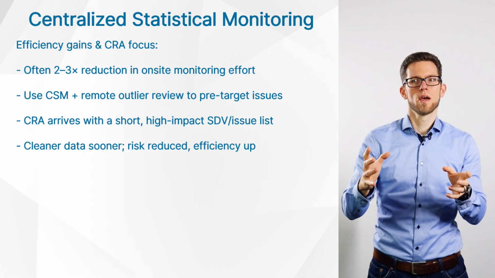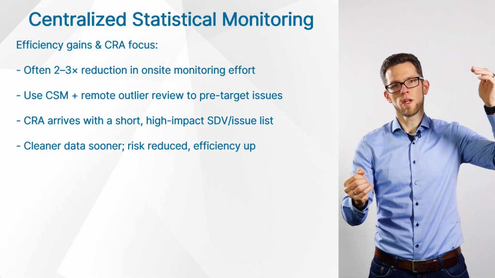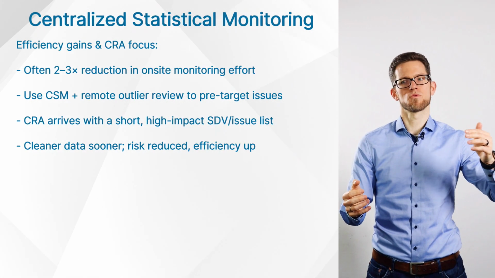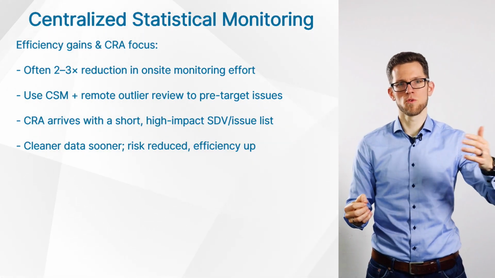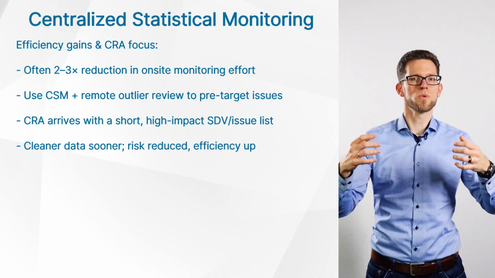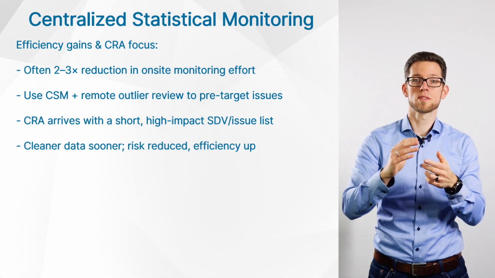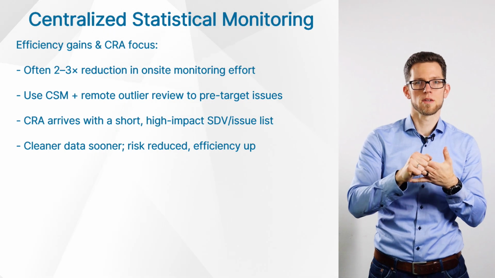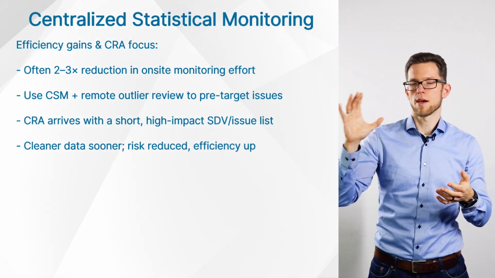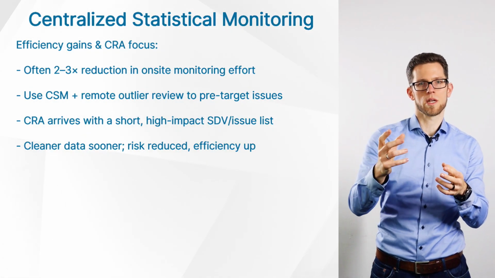I would say in good, decent trials that are not on the real higher end of overall trial risk, you can already reduce your monitoring by a factor of 2 or 3 in most of the cases. And that's what we see in our studies. We can really push the envelope in terms of how much data, how many CRF pages a CRA can monitor during an on-site visit by leveraging centralized statistical monitoring coupled with remote review of outliers.